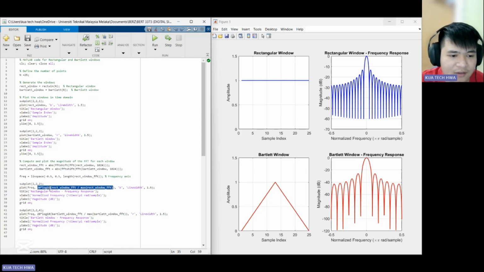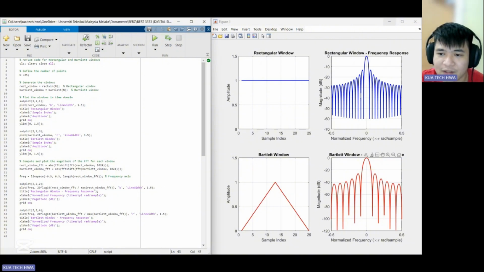So it's 20 log10 of the rectangular window frequency response divided by the maximum, the highest magnitude in the rectangular window frequency response, in blue color, and the line width is 1.5. Same with the Bartlett window.